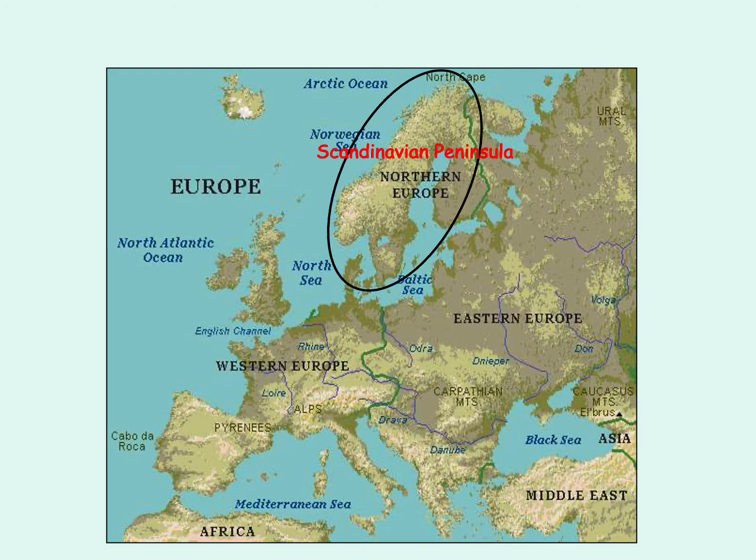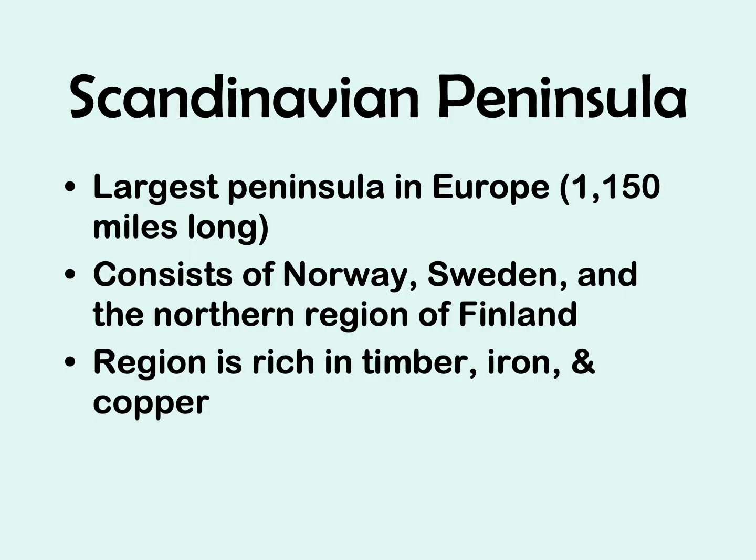Next we're going to have the Scandinavian Peninsula, which again is up at the top part. The Scandinavian Peninsula is going to be the largest peninsula in Europe. It's going to be 1,150 miles long, and it consists of Norway, Sweden, and the northern region of Finland.